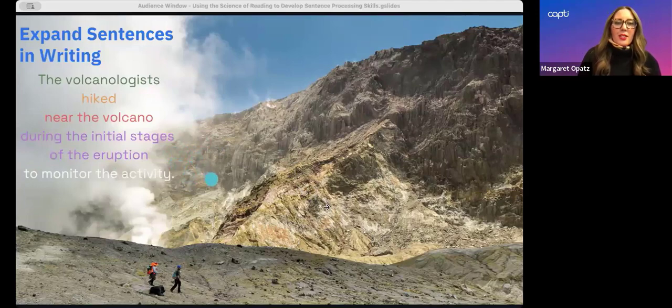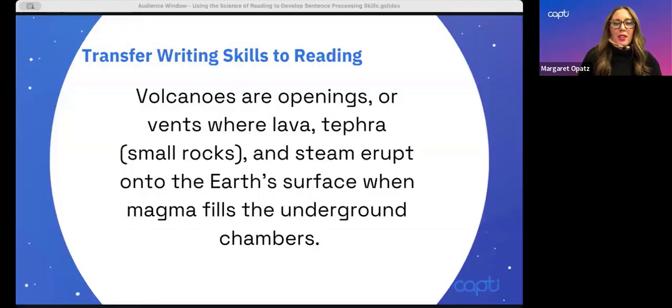As far as this goes, it's really helpful to help students explain in detail the who, what, where, when, why. And then what we can do is think about how we transfer this writing skill into reading. I mentioned that when you're first doing this, it's helpful to have people involved, or maybe an animal, because when we're saying who, within this context, they're going to have to say that the who is the volcano.